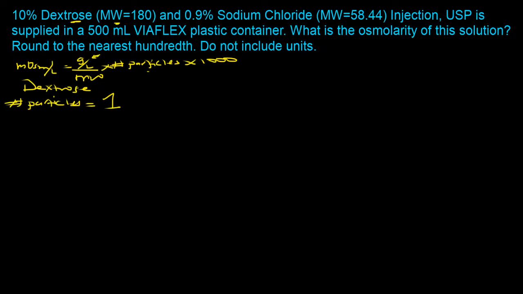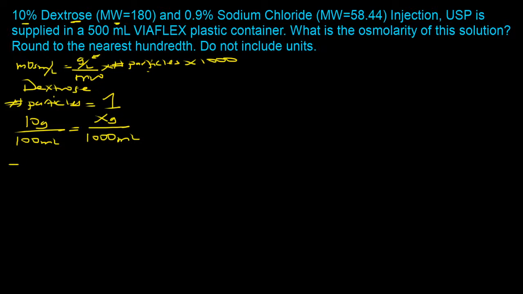And we get that from using the information of the 10%. That's the percentage concentration. So what that will mean, 10% implies that you have 10 grams of dextrose in every 100 milliliter of solution. But since we need grams per liter, we need to determine how many grams will be present in 1000 ml, which is a liter.